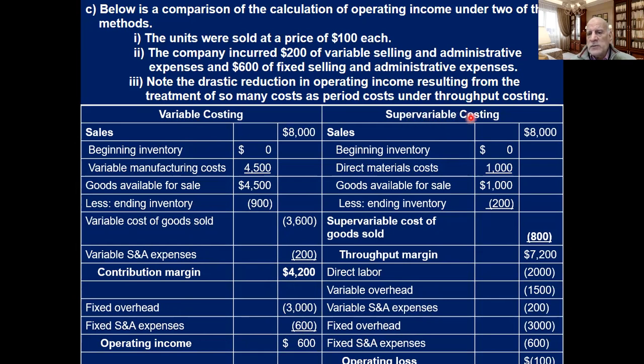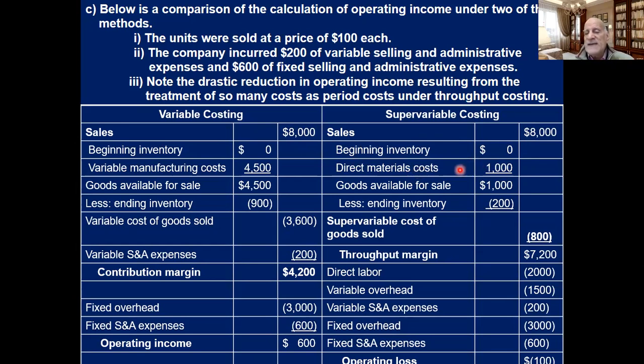Under super variable costing, we have sales, the same figure as under variable costing. We deduct from this revenue the cost of goods sold, which includes the super variable costs.